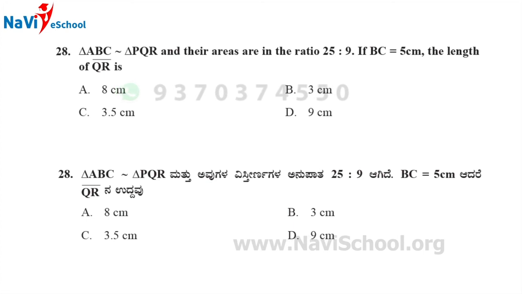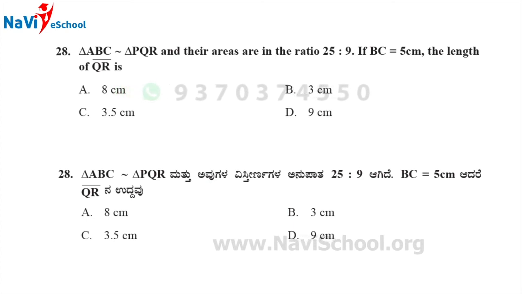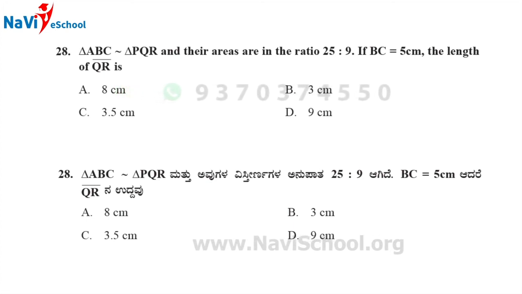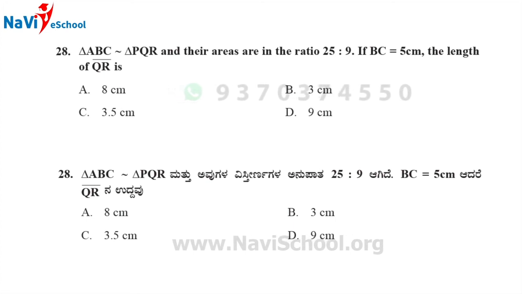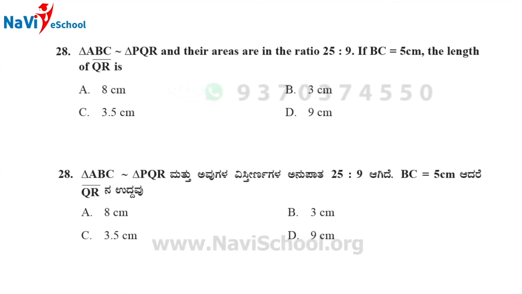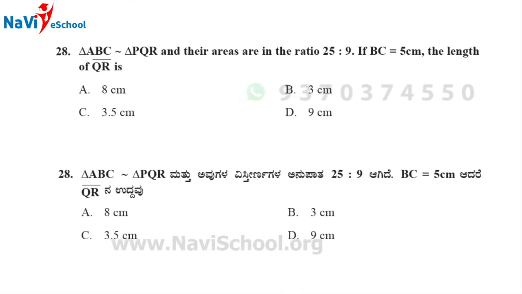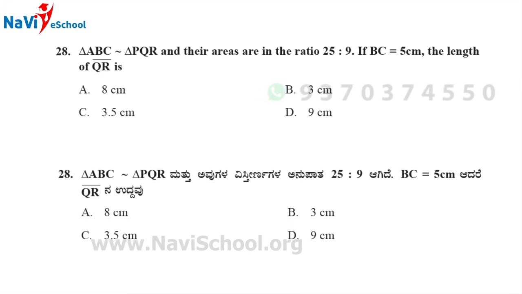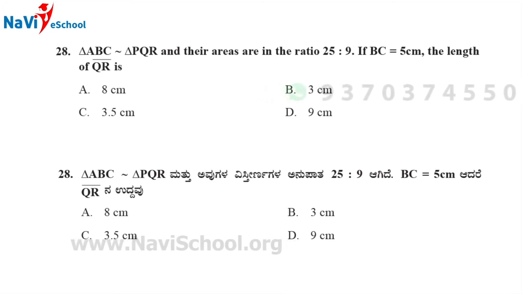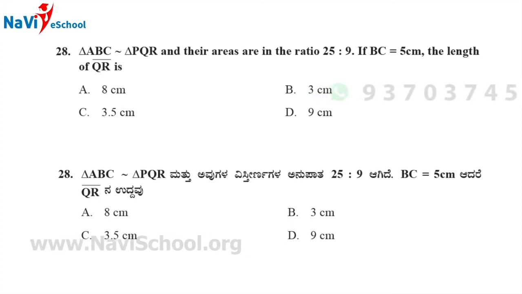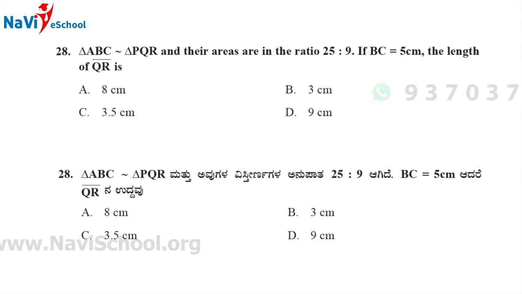If BC is equal to 5 centimeter, the length of QR is how much we have to find out. Here option A is 8 centimeter, option B is 3 centimeter, option C is 3.5 centimeter, option D is 9 centimeter.